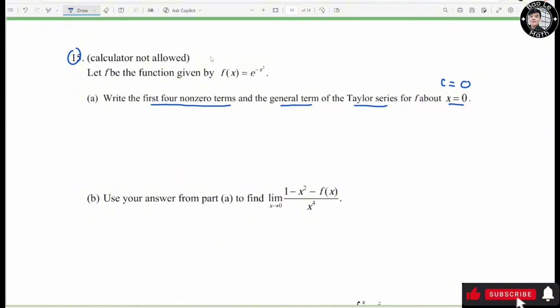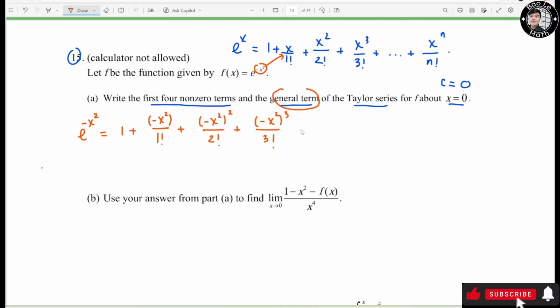You know that e to the s equals its series, and now you need to substitute negative s squared for s right here. So we have e to the negative s squared equals the series, and we need the general term, so plus etc. plus the general term right here, which is negative s squared all together raised to the n over n factorial.